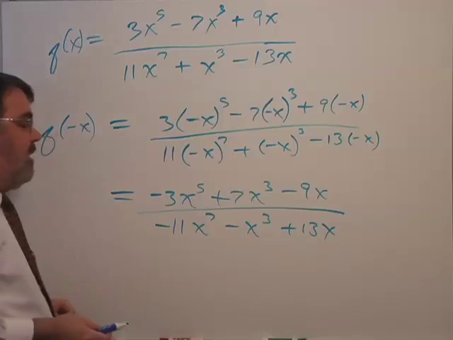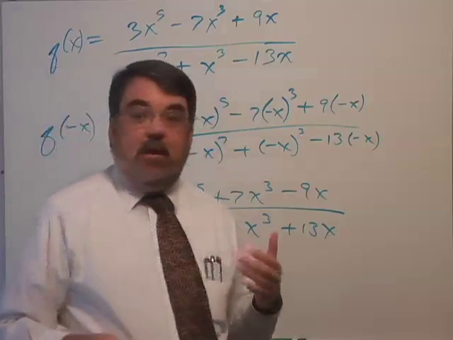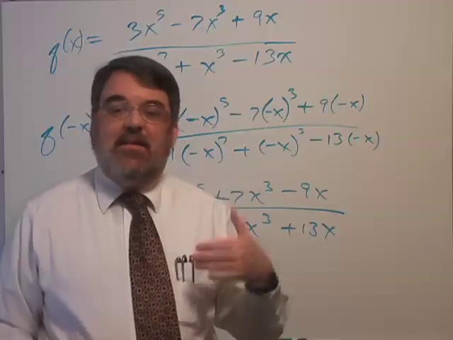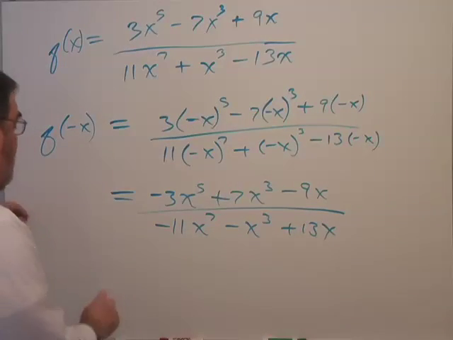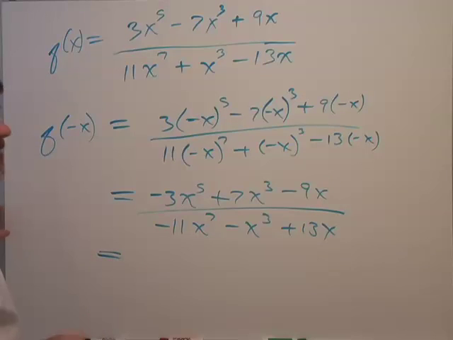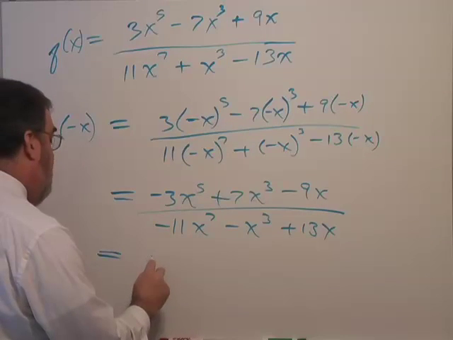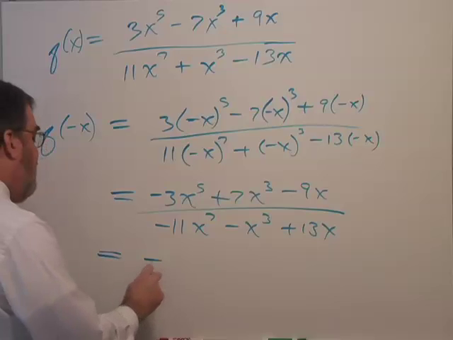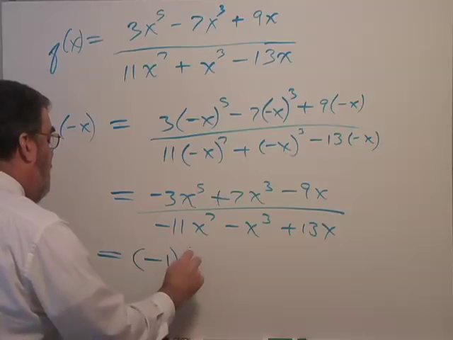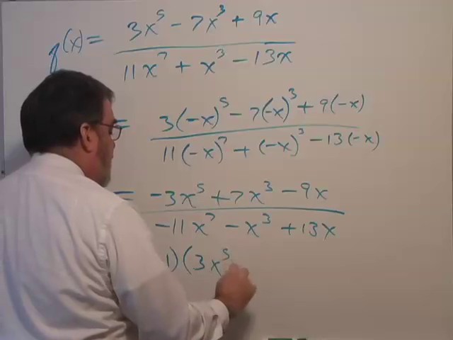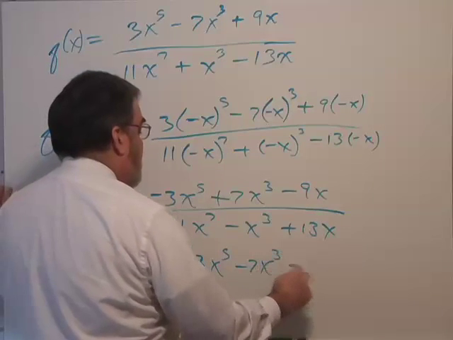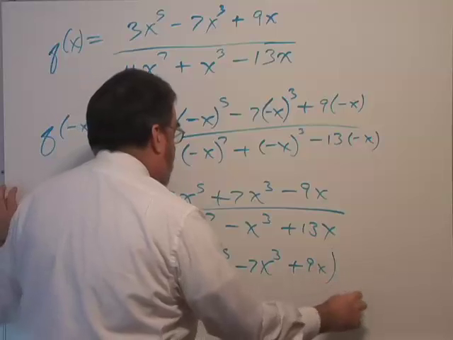All right. Now, our test to see for even functions is: is this equal to the original function? And it is, because if you factor out a negative 1 out of the numerator, I've got 3x to the fifth minus 7x cubed plus 9x.